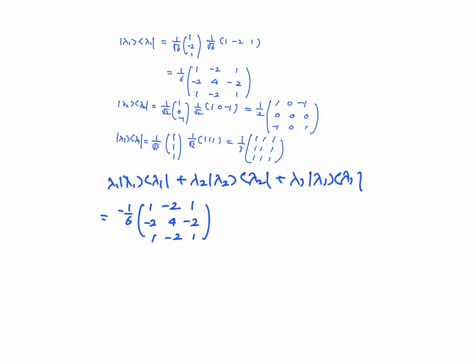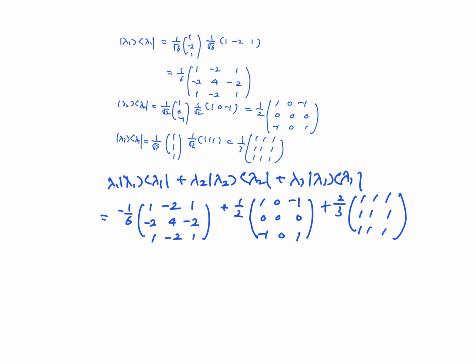Lambda 2 was plus 1, so just 1 over 2, 1, 0, minus 1, 0, 0, 0, minus 1, 0, 1. Lambda 3 was 2, so that's 2 over 3, 1, 1, 1, 1, 1, 1, 1, 1, 1.